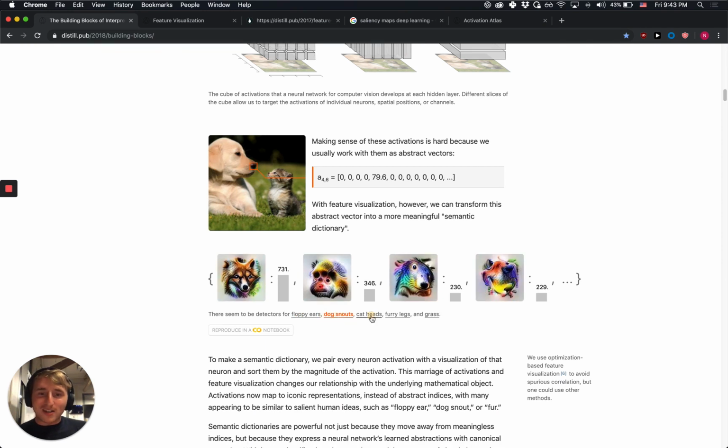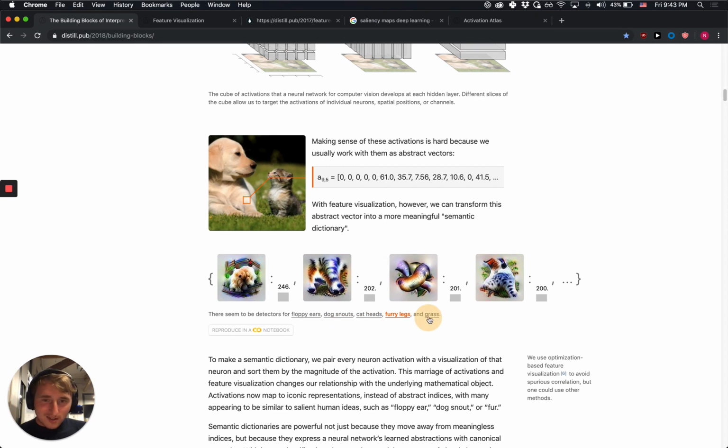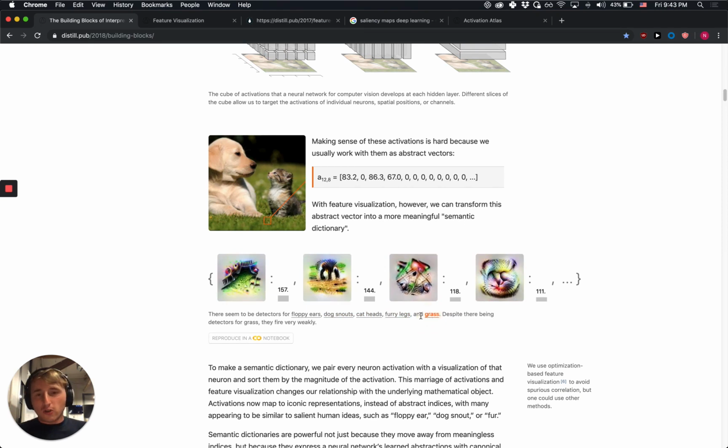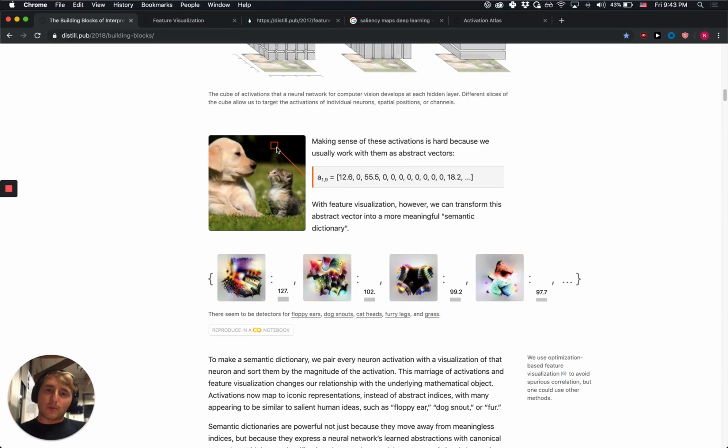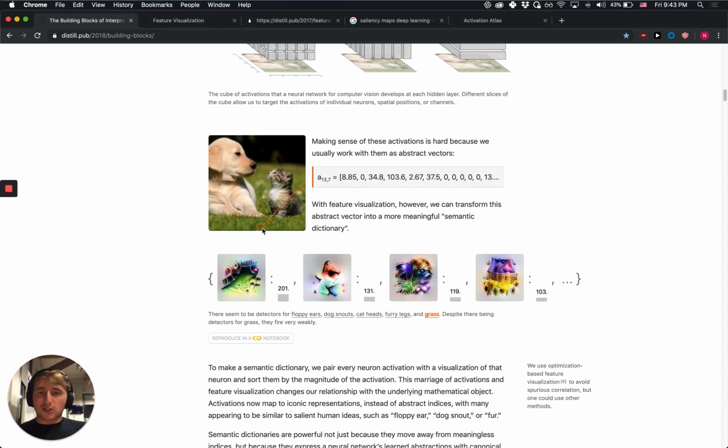They highlight some interesting ones you should check out. Here's the dog snout, cat heads, furry legs. Legs are really interesting in neural networks, and grass. One interesting thing you'll see is that for areas the neural network doesn't think are that interesting, such as backgrounds, the absolute activations, this one is 190, are pretty small.